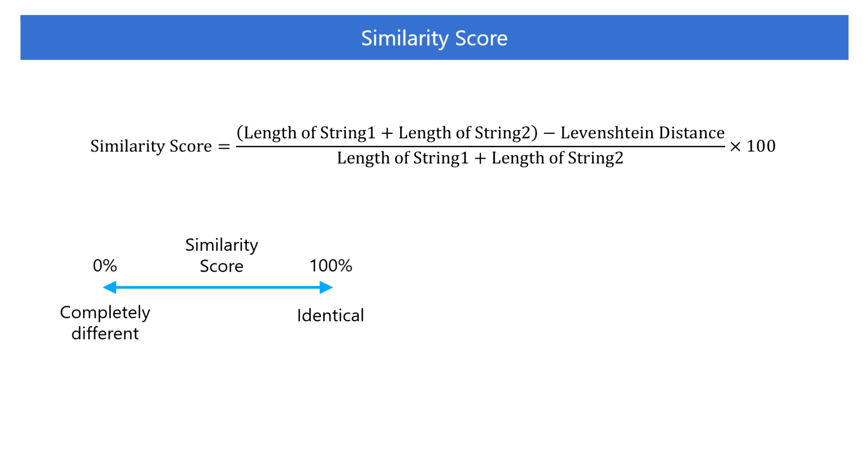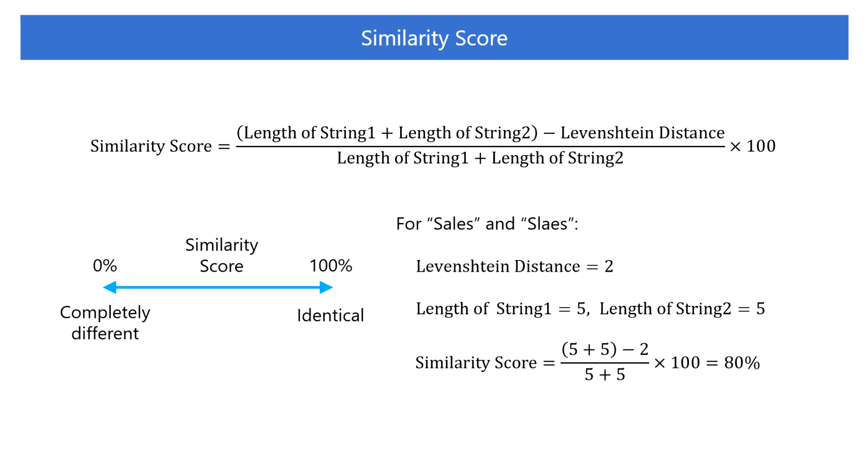A similarity score of 100% means the strings are identical. For cells and slice, the Levenshtein distance is 2, and the lengths of string 1 and string 2 are both 5. So the similarity score can be calculated in this way. It is 80%.